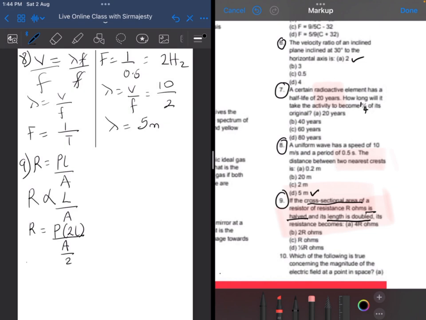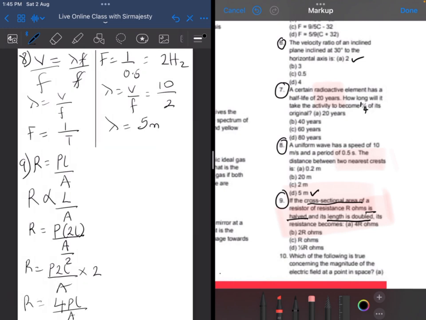Continuing, R is equal to ρ times 2L over A times 2, which is the same thing. So R is equal to 4ρL over A.